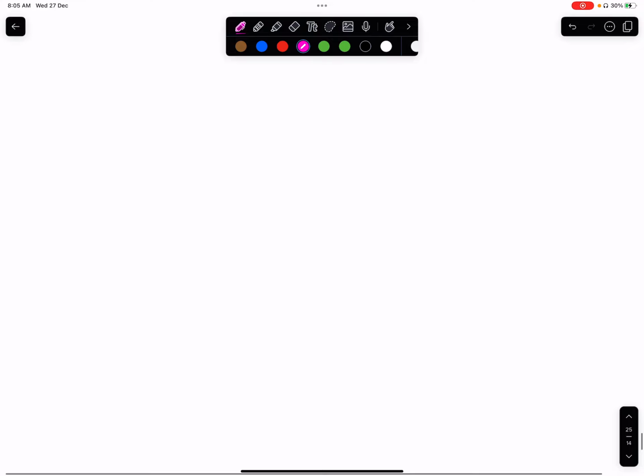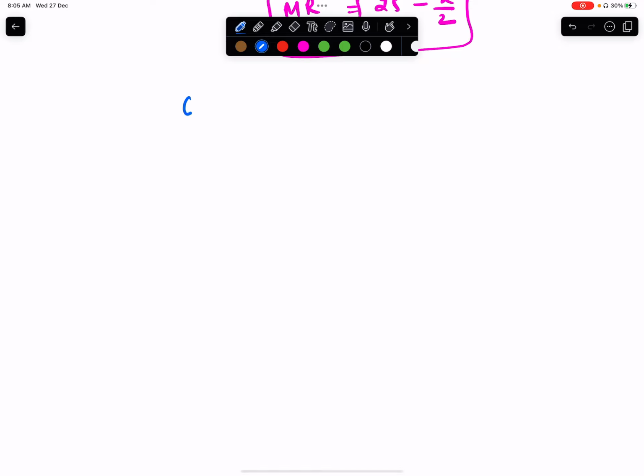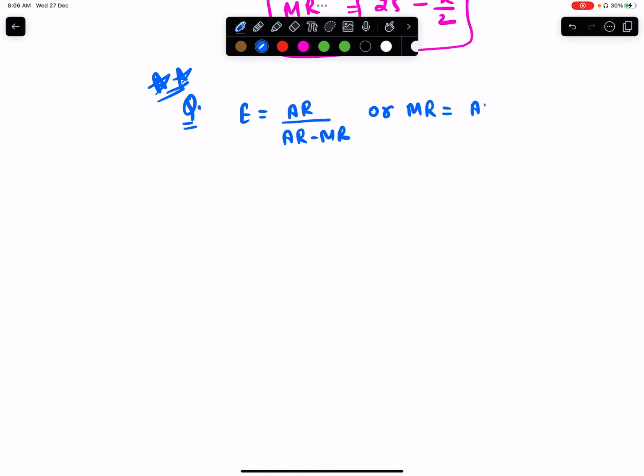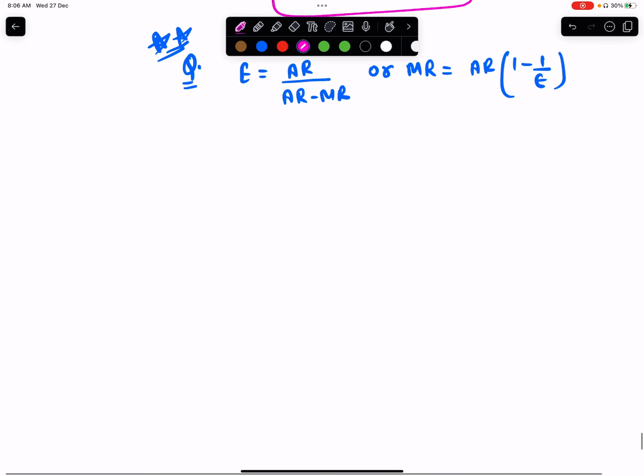So let's solve an important property. We have an important question: prove E equals AR by AR minus MR, or MR equals AR into 1 minus 1 upon E. Let's see how we will solve this type of question.